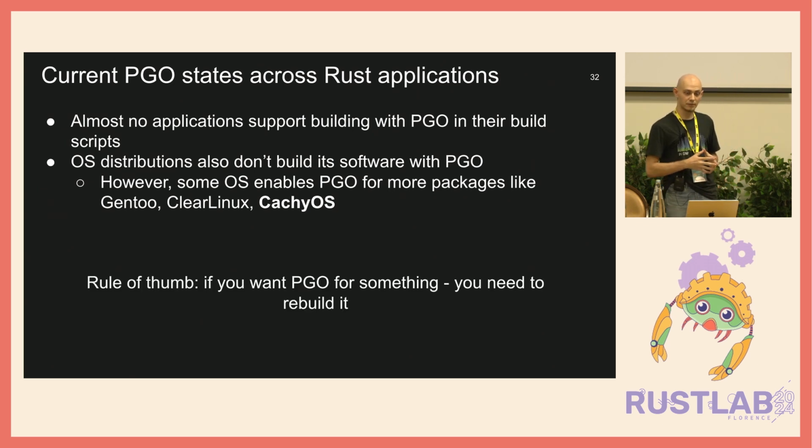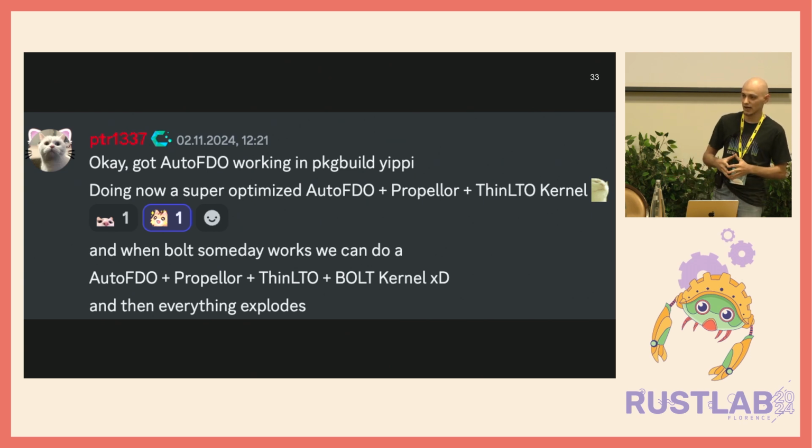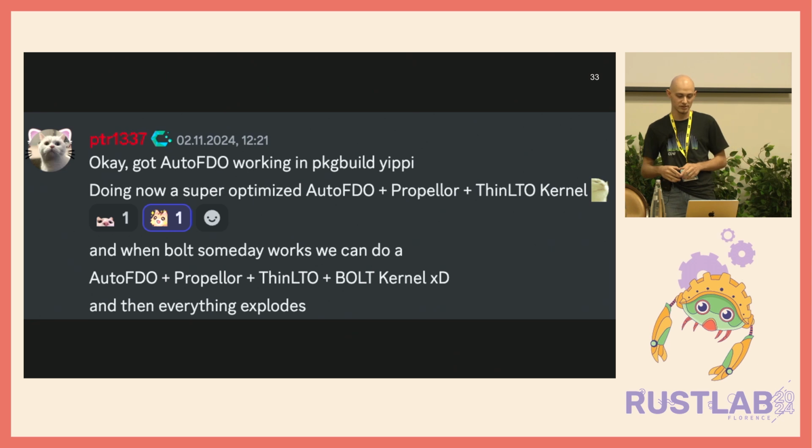So, as a rule of thumb, if you want to use something in a PGO-optimized way, you need to rebuild it. So, ptr1337 is the main maintainer of CachyOS, and you can see how crazy he is about optimizations.